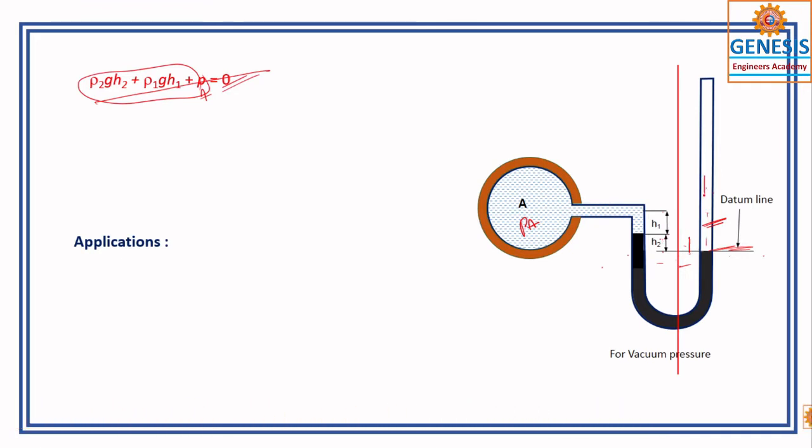This has pushed the mercury column here, so that pressure will be less than that. You got my point? I can write it like this: PA plus gamma 1 H1 plus gamma 2 H2 is the left part, and it is 0 for the right part.